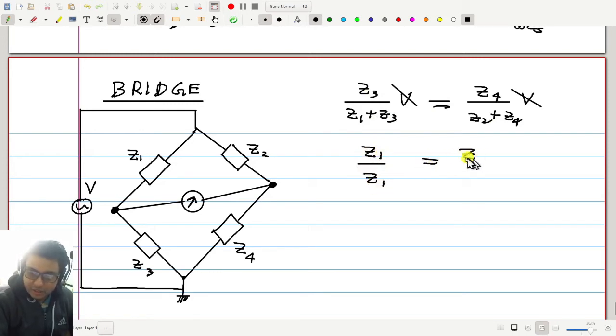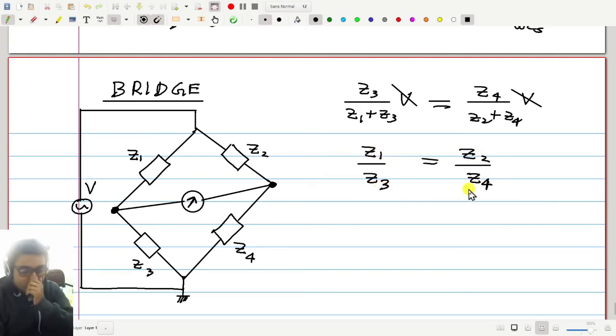Z2 by Z4, where Z1, Z2, Z3, Z4 all are complex numbers. So in this equation both the real part and the imaginary part of the left side and right side should be equal to each other.